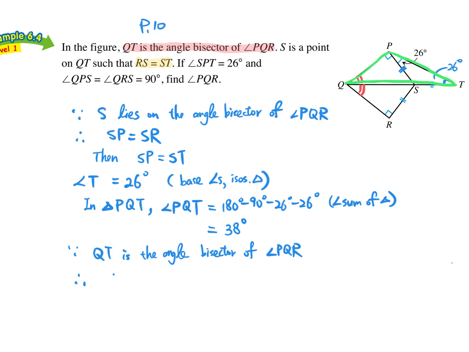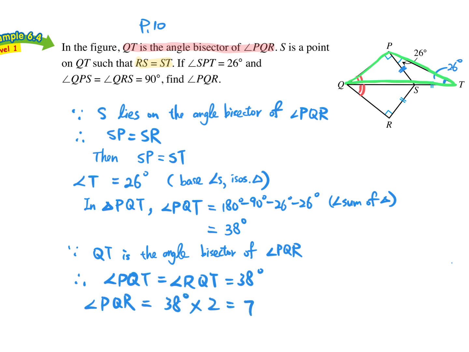That is, angle PQT will be equal to angle RQT. And therefore, PQR equals that is 76 degrees. And that is finished.